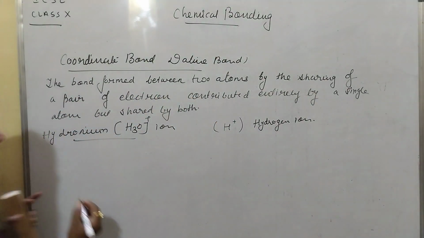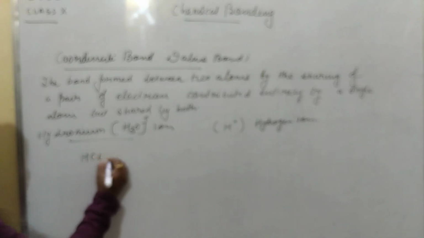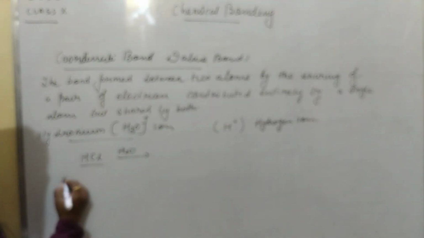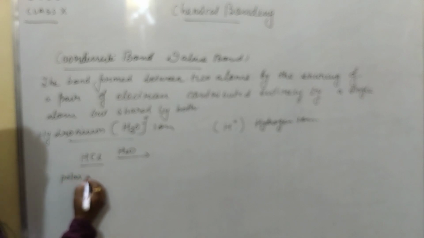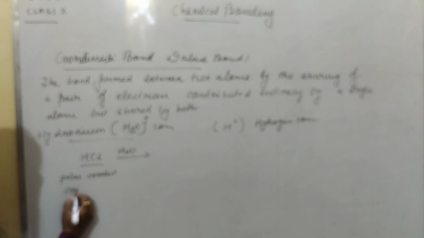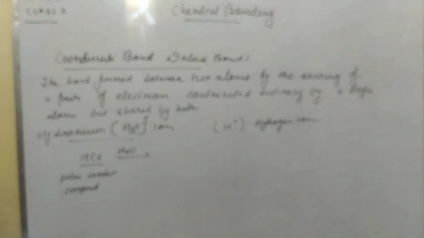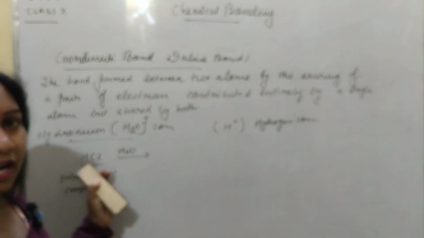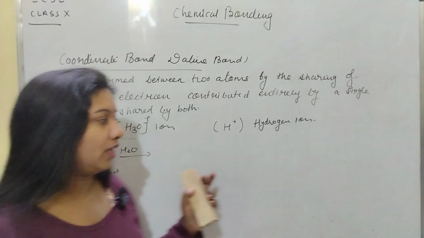So what will happen when acid, say HCl, is added to water? We know that HCl is a polar covalent compound, and H2O is also a polar covalent compound. That means both these compounds have poles.